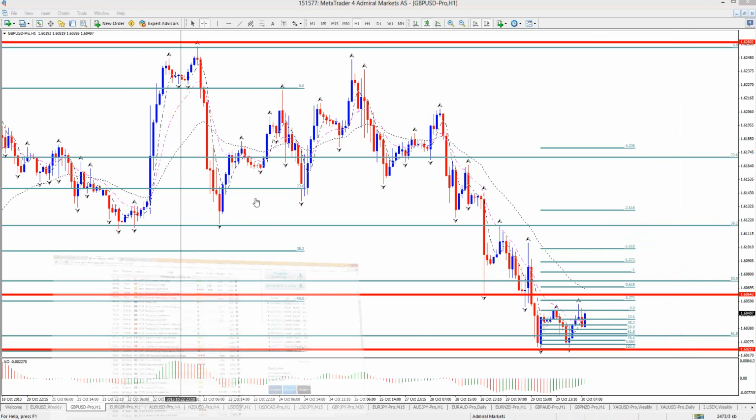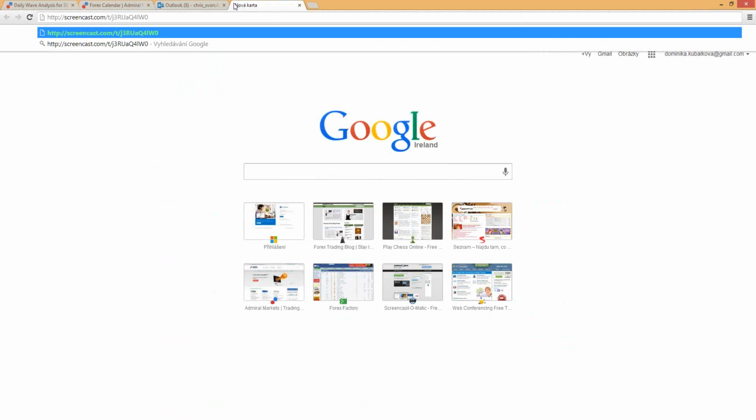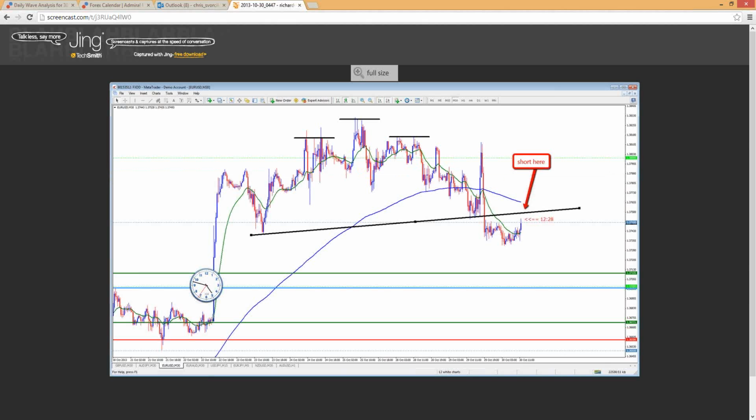Let's take a look at a screenshot from Richard. That's very cool. I guess it's about the euro dollar, but we'll find out. Yes, it is. Euro dollar 30 minutes. And Richard shorted it. Cool. I don't know where the stop loss is though.